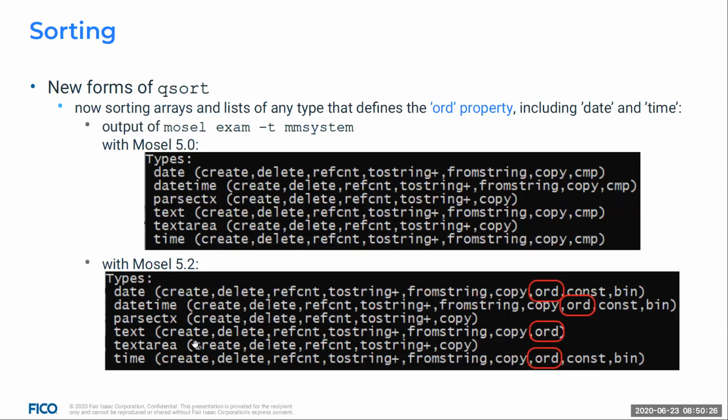Yeah, makes sense. Okay, so bin is actually whether this type can be used with Mosel's binary format, so whether it provides automatic representation in Mosel's binary format. This should be explained with the bin driver also in the Mosel reference manual.